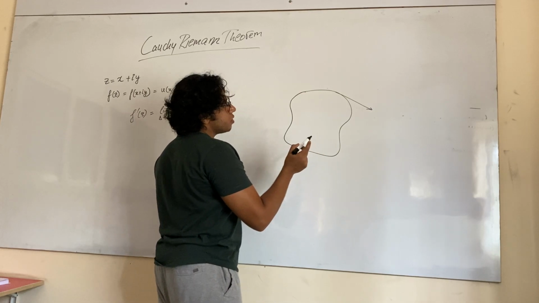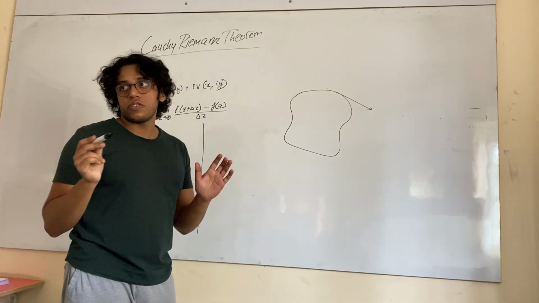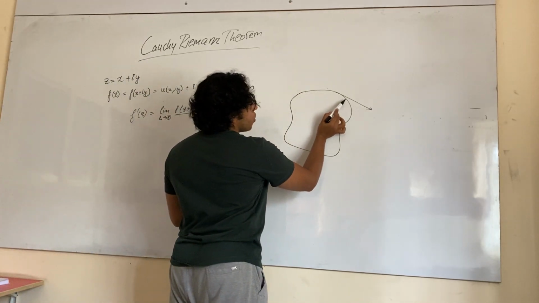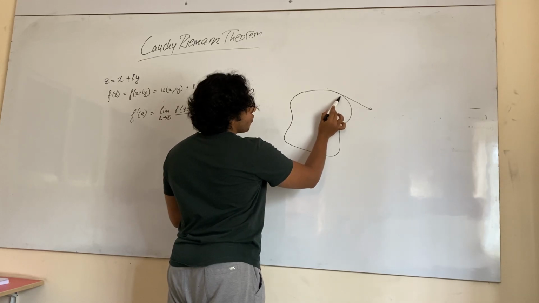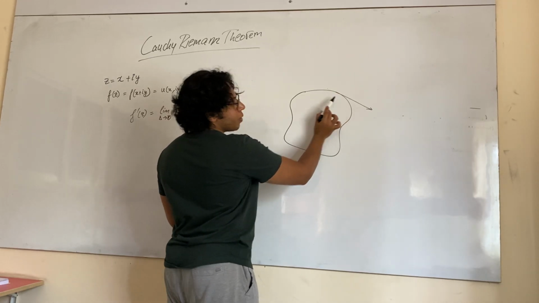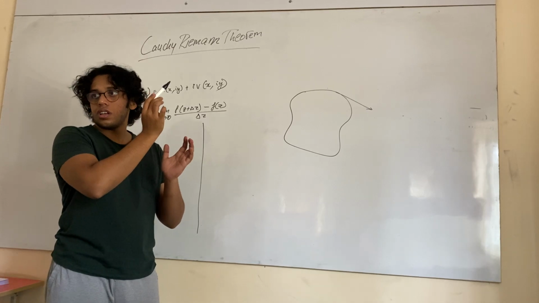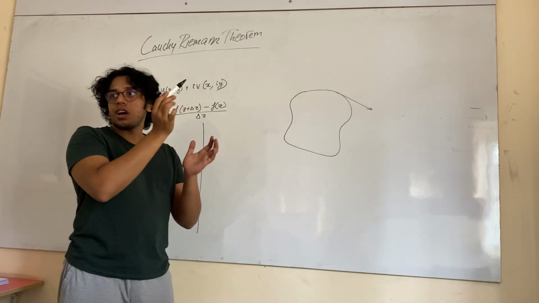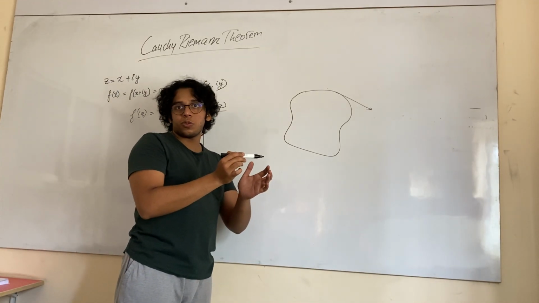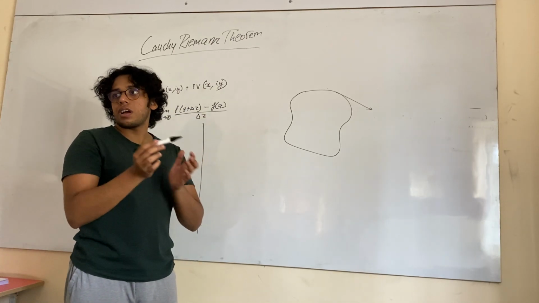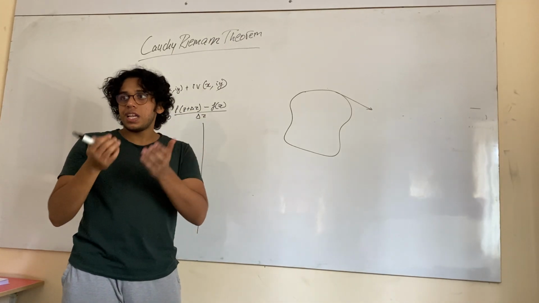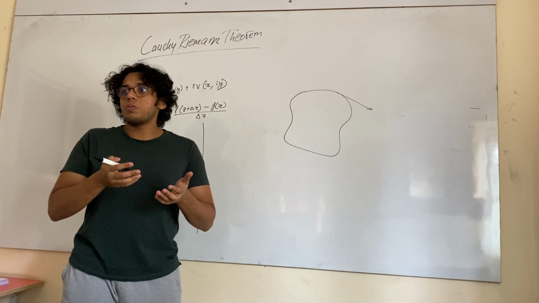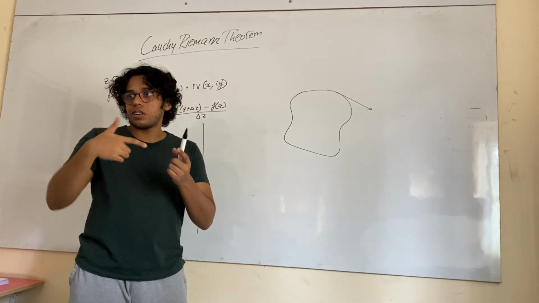The idea is for the function to be differentiable, if you calculate the tangent from here with respect to x, it should be the same as calculating the tangent with respect to y. I mean, it should not be the same numerically, but it should also be negative.